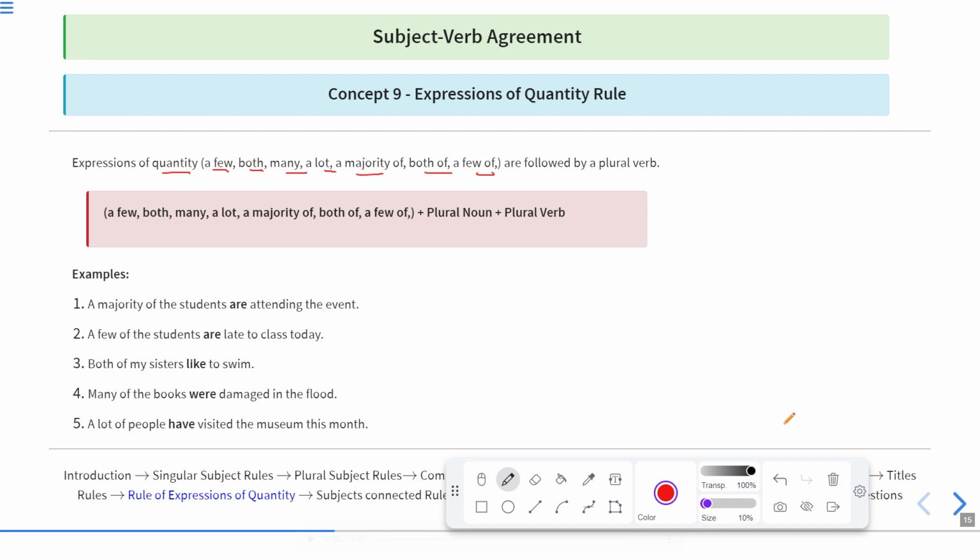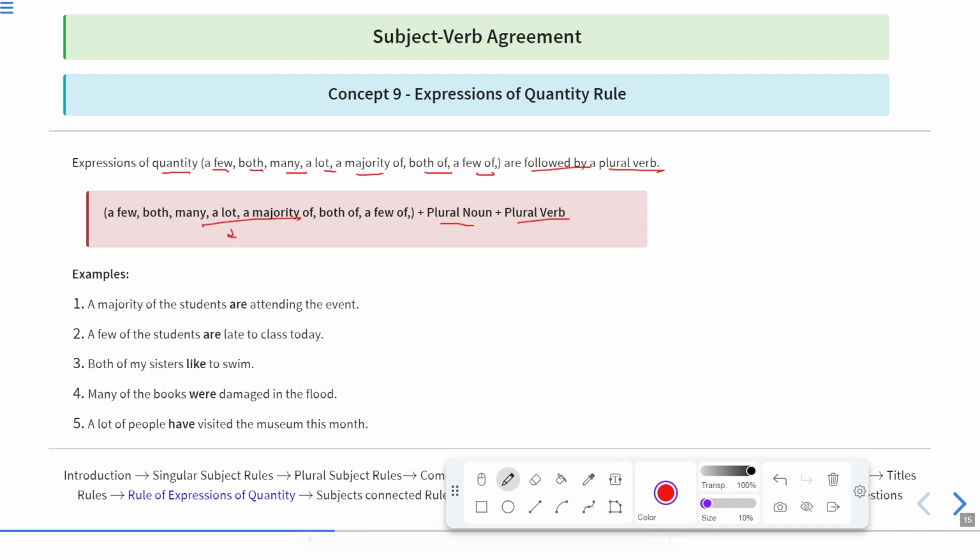A lot and majority mean a larger part of something. Both of, a few of, they always represent the quantity of people. And they are always plural. They are followed by a plural verb. So if we have these expressions of quantity, we will use a plural noun and plural verb with them.